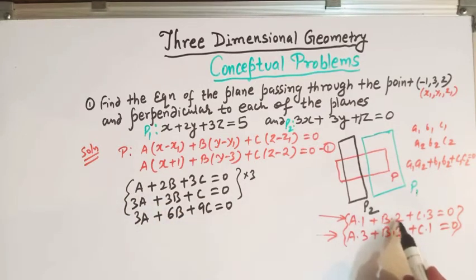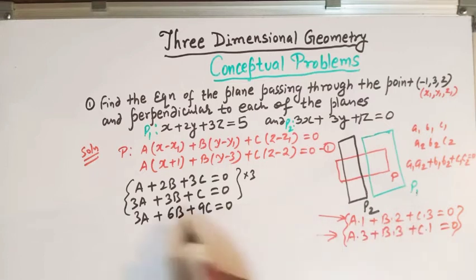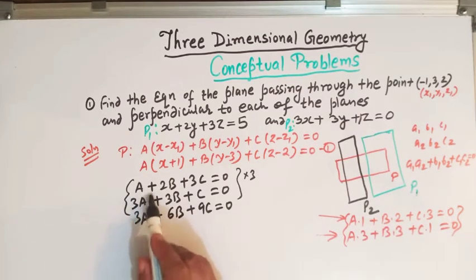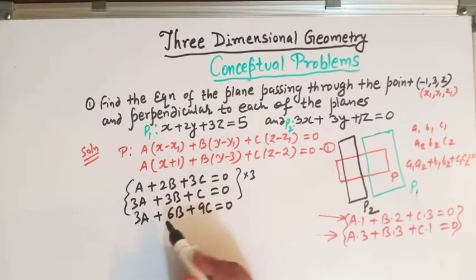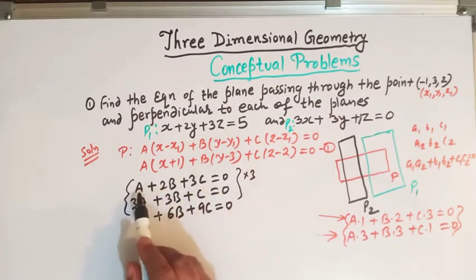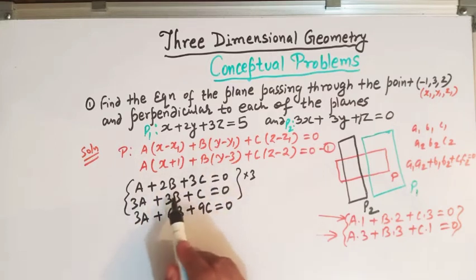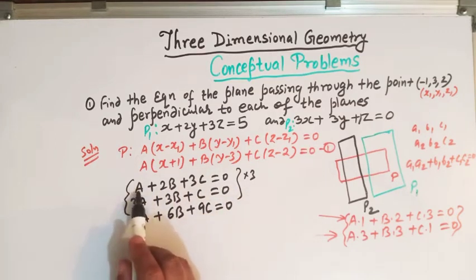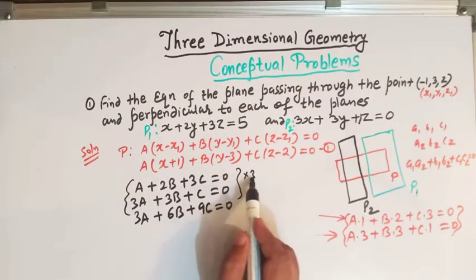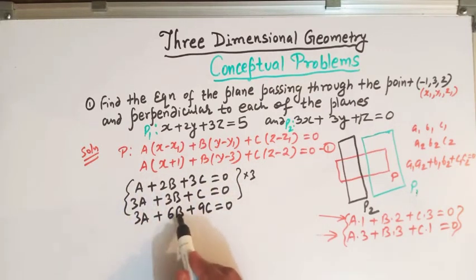We have two equations in three variables a, b and c, and in order to solve these two equations, we will try to eliminate any one variable. So here we are eliminating variable a. So we multiplied this equation by 3, so 3a, 6b, 3 3s are 9c equal to 0.